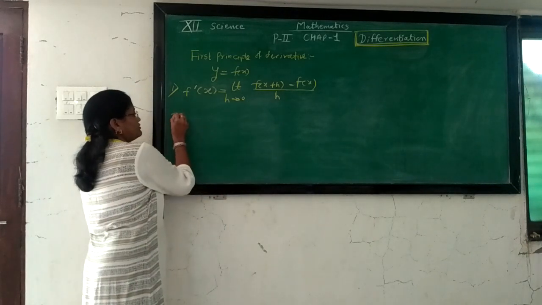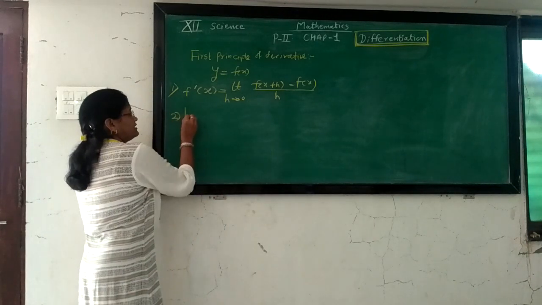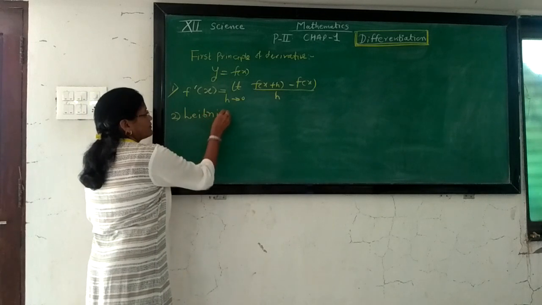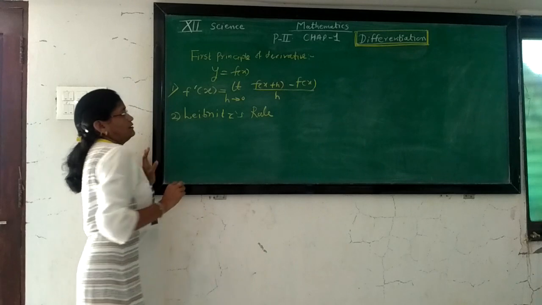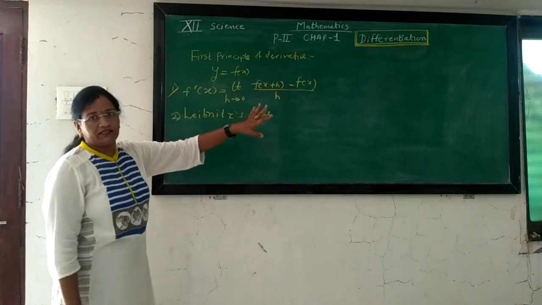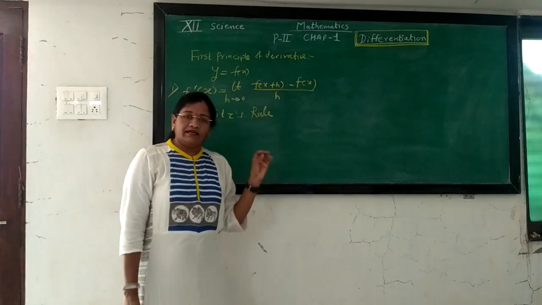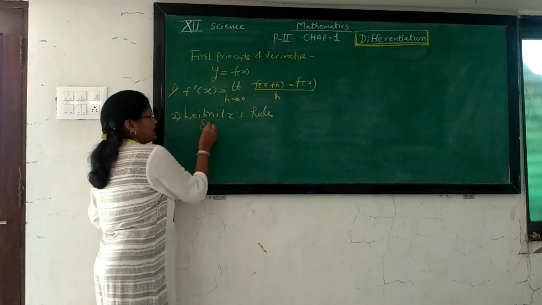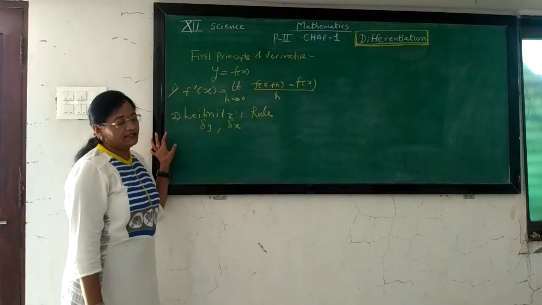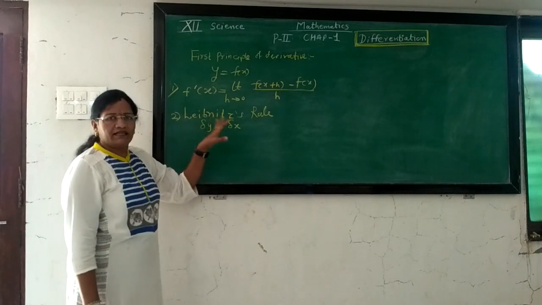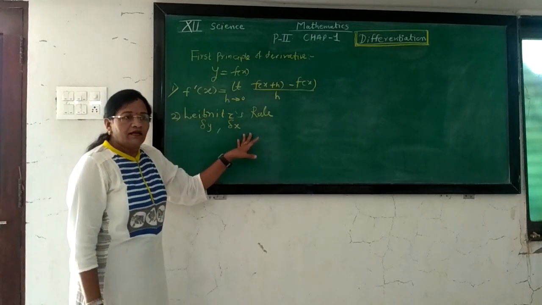And the second definition is by using the Leibniz rule. This is defined by taking the small differences in the variables y and x as delta y and delta x, that is, small changes in y and x.